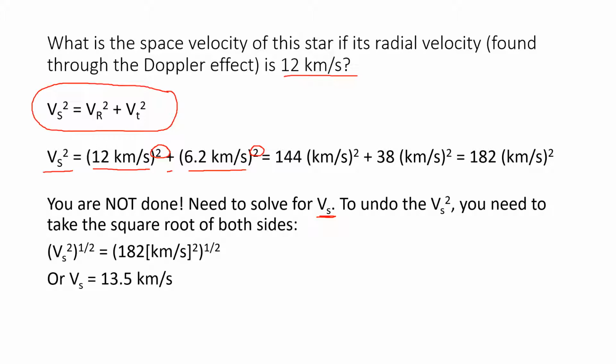So if we take the square root of the left-hand side, we undo the square and we get Vs by itself. If we take the square root of 182 kilometers per second squared, we undo the kilometers per second squared, gives us just kilometers per second. The square root of 182 is 13.5, so the space velocity is 13.5 kilometers per second.